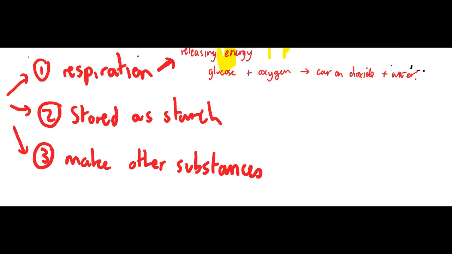Now, as well as that, the glucose can get stored as starch, and it is in the form of starch granules. And that's really useful because starch is insoluble.